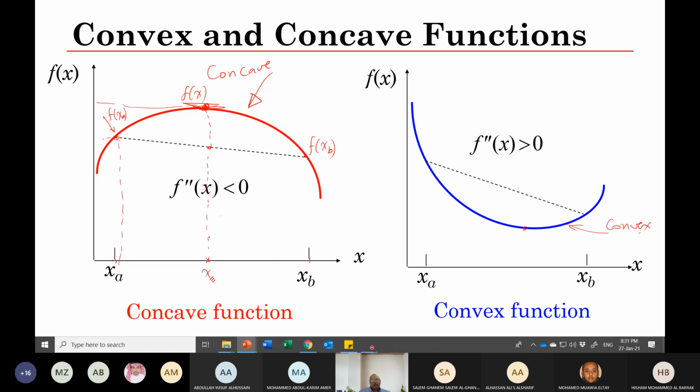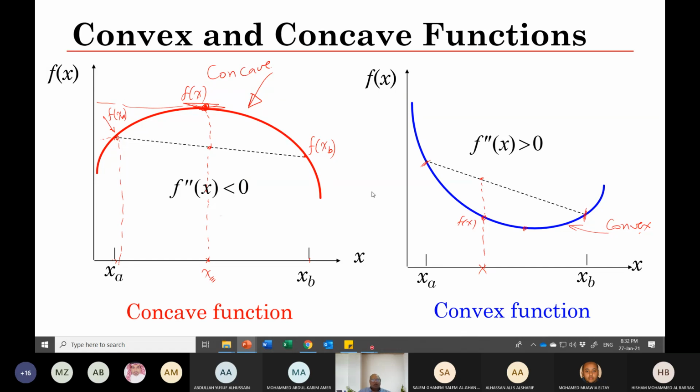So this is the mathematical definition of the concave. The convex is the opposite. If you take any point here, this f of x is lower than the interpolation between f of xa and f of xb. So the function here is lower than this.